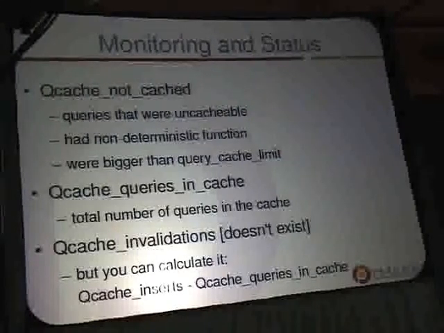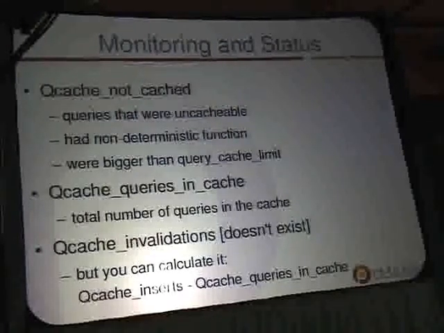On the bottom of the page here, I have the Qcache invalidations. I just made that up. It doesn't exist. However, you can calculate it: you can subtract the queries in the cache from the number of inserts. So that tells you how many queries have come back out of the cache.